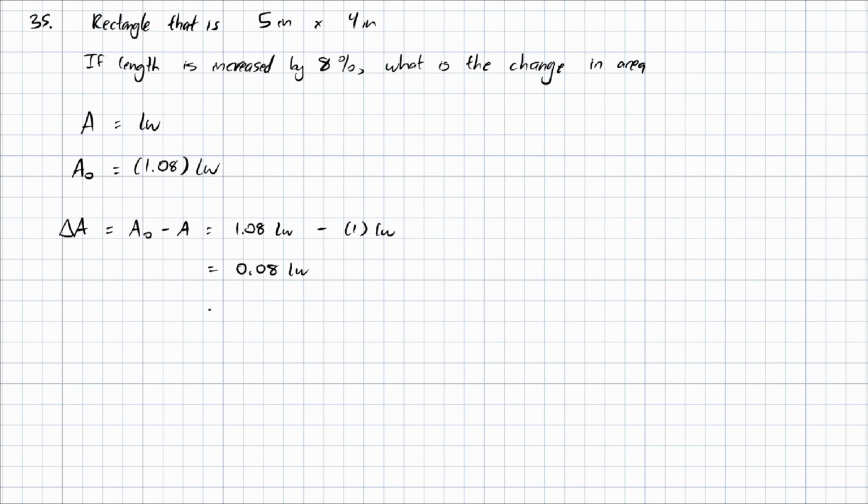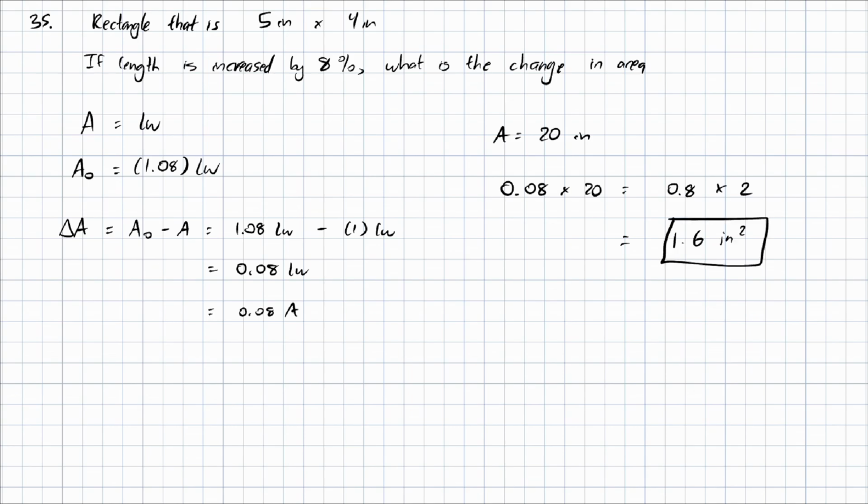In other words, this is 0.08 of the area, so my change in area is 8%. Let's calculate that. My area is 20 inches, so 0.08 times 20 equals 0.8 times 2, so we get 1.6 inches squared. There we go. That is number 35.